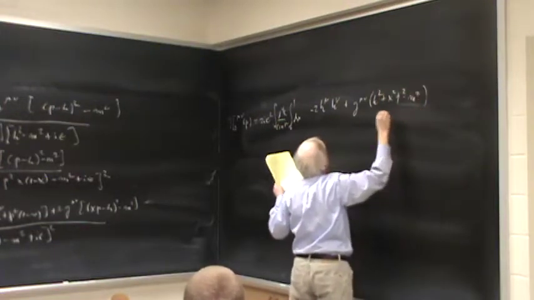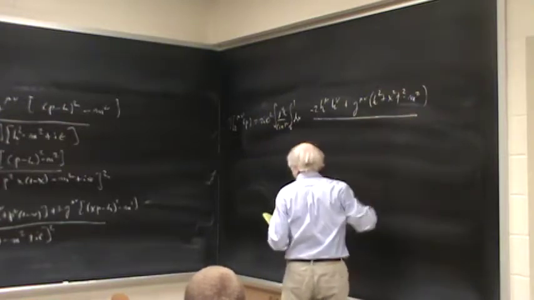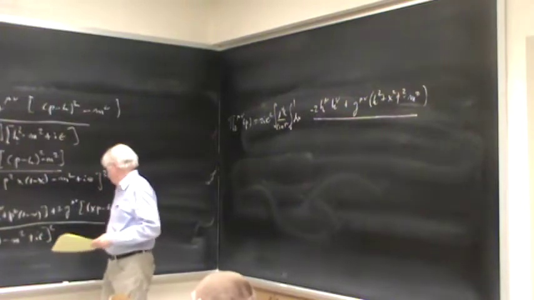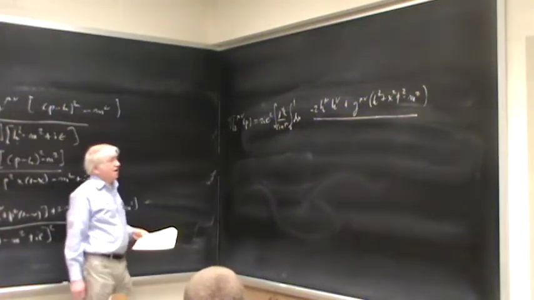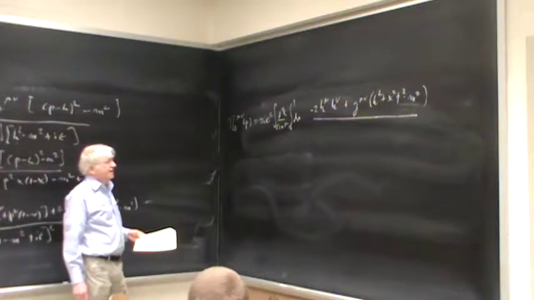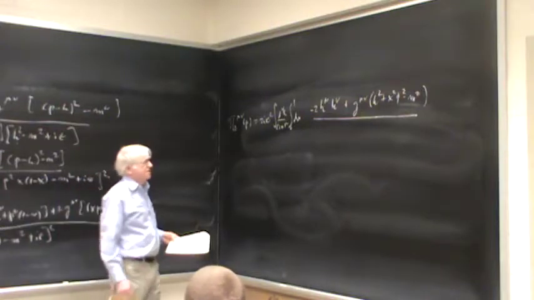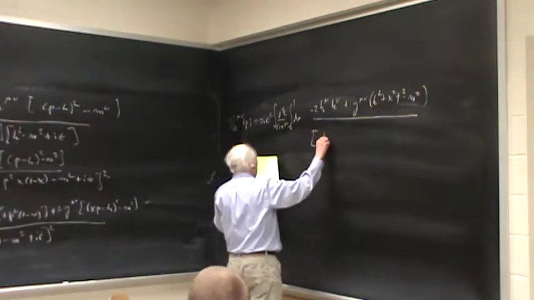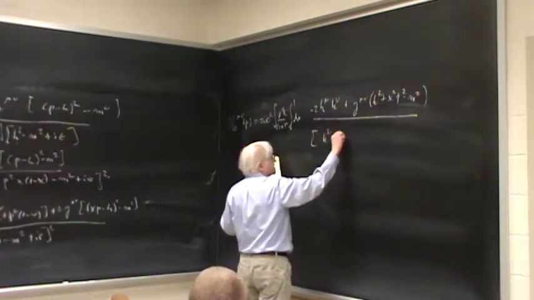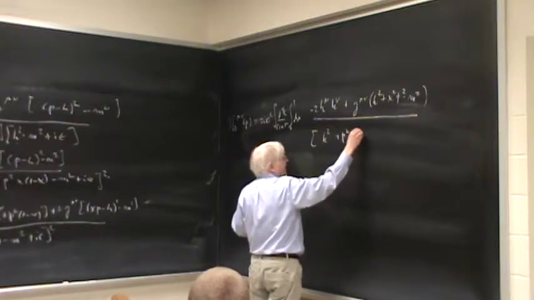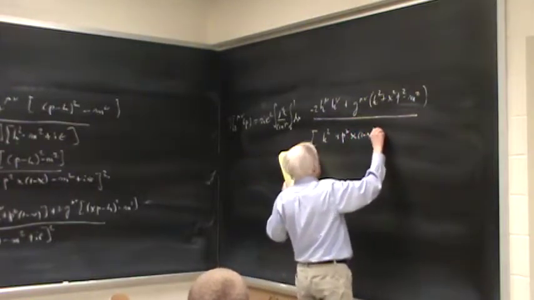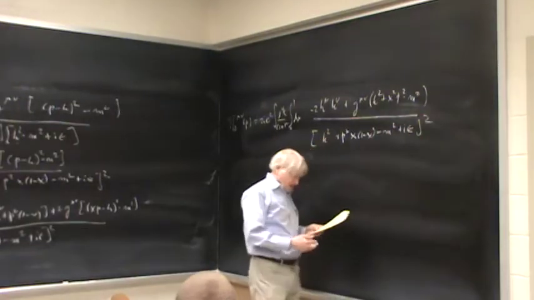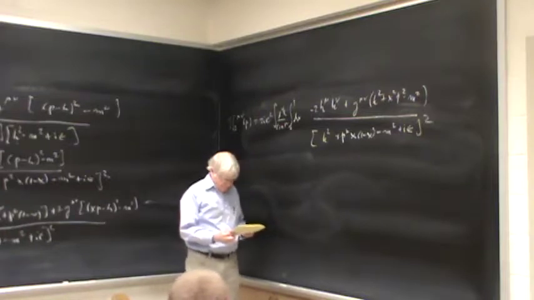So everything else we're saying is going to go away with conserved currents or be otherwise ignorable. And so what we have left then is k squared plus p squared x times 1 minus x minus m squared plus i epsilon. Now this thing is squared. Okay, so this is in a nice form.